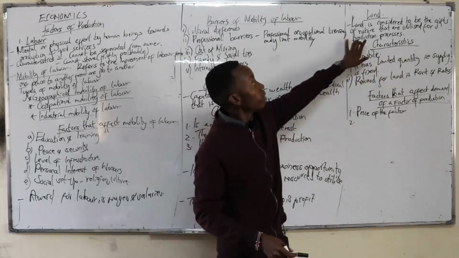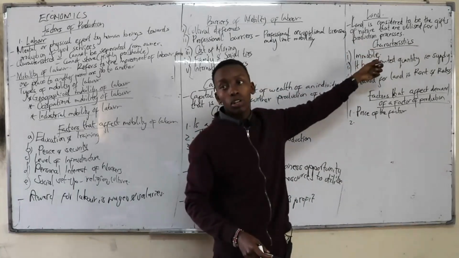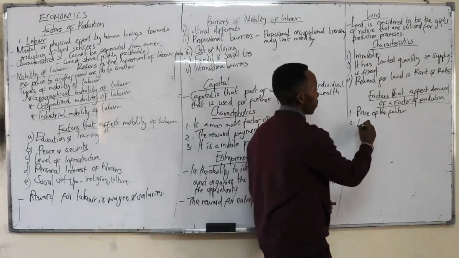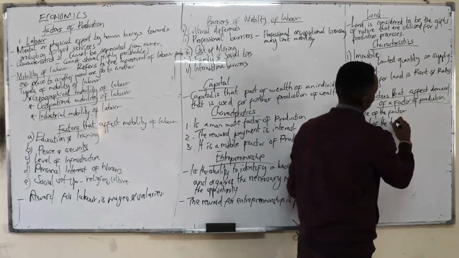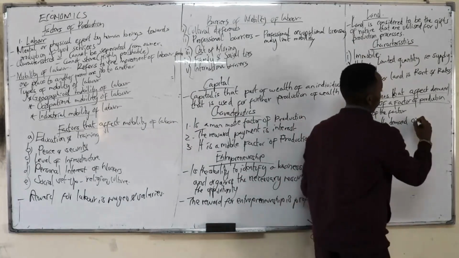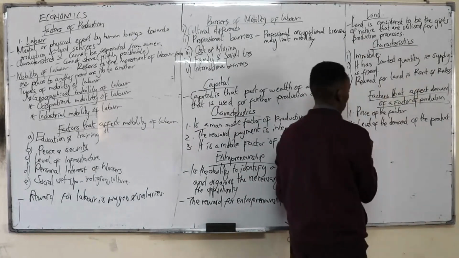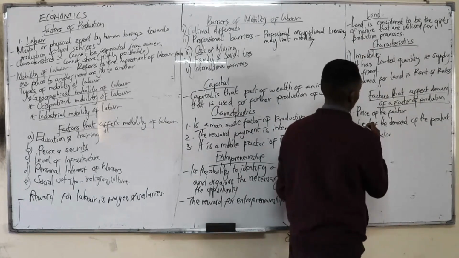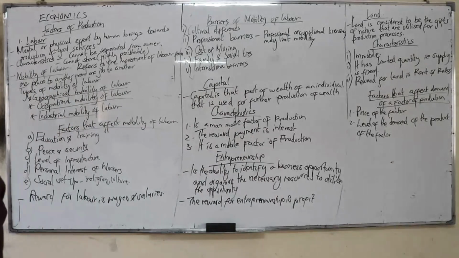Will the demand for land be high or low? It will be high. So the level of the demand of the product also dictates the demand for the factor.